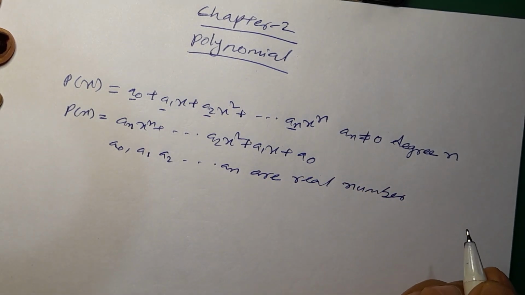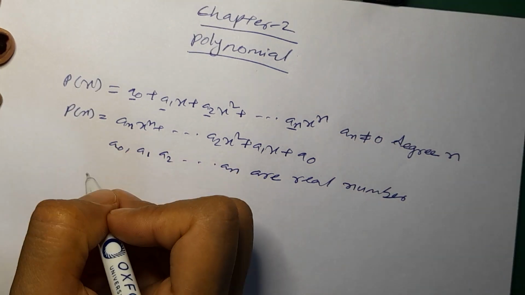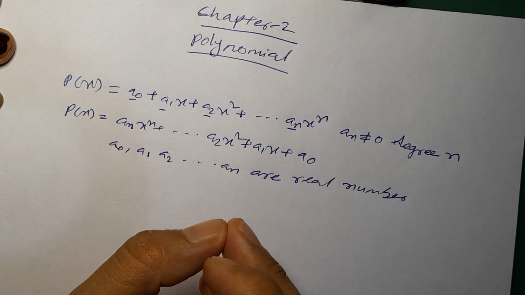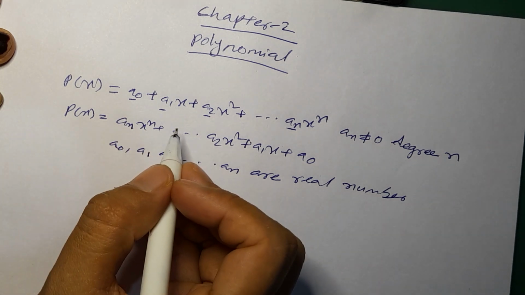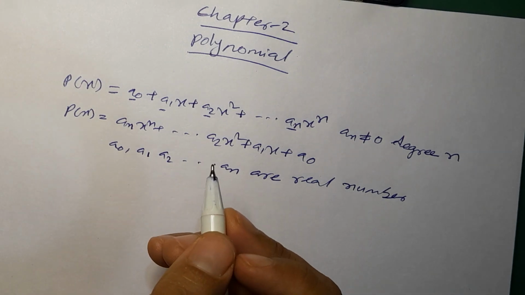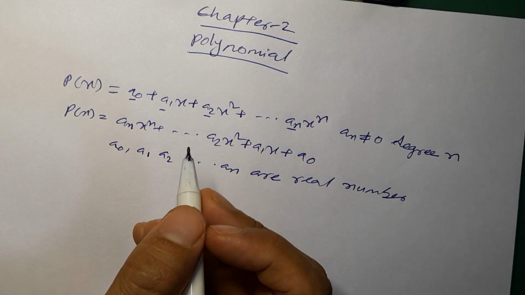Now let's write an example. In the equation there will be x. Polynomial means the power has to be in the form of a natural number.